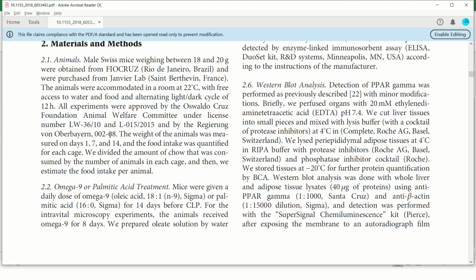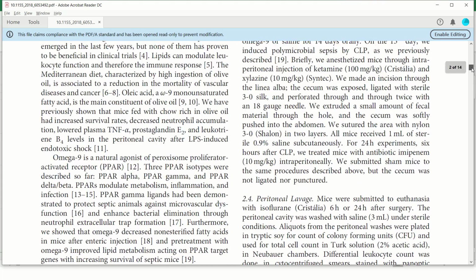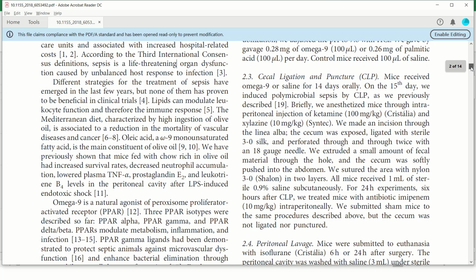Animal Welfare Committee, okay, they have got some ethics approval, and they look at the weight of animals measured on days 1, 7, and 10, and the mice were given a daily dose of omega 9 or palmitic acid for 14 days before CLP. CLP, what's CLP? I think it must be cecal ligation and puncture.